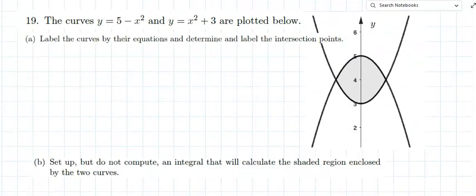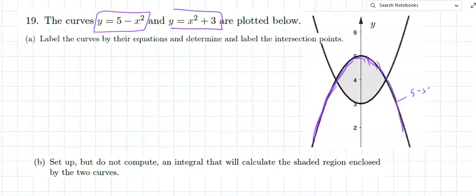We have two functions. 5 minus x squared is an upside down parabola, that's this one. x squared plus 3 is a parabola opening upwards, that's this parabola. Label the curves by their equation.